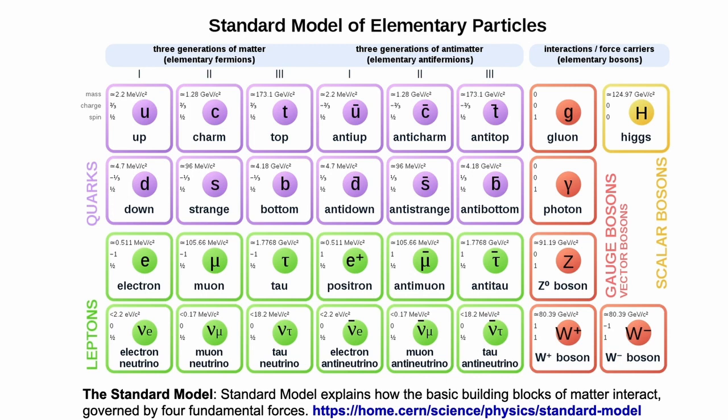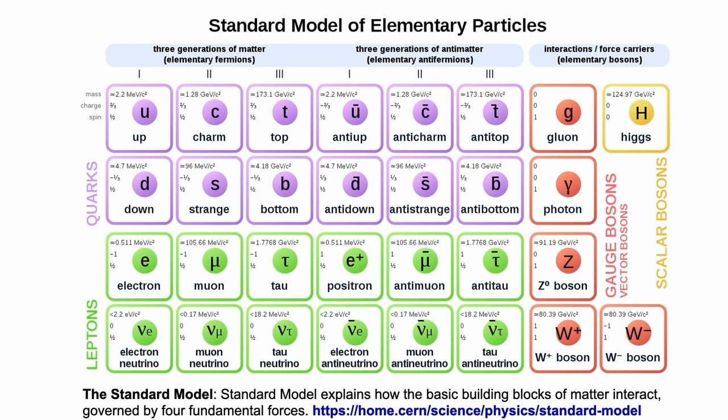In addition to these force-carrying particles, the Standard Model encompasses 2 families of spin-half subatomic particles that build up matter. These particles are the quarks and the leptons, and there are 6 varieties or flavors of each, related in pairs in 3 generations of increasing mass.